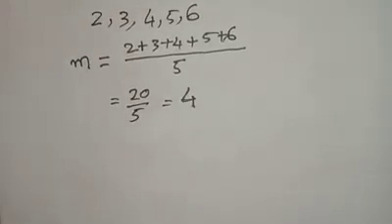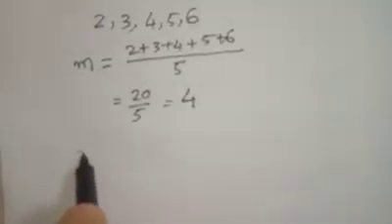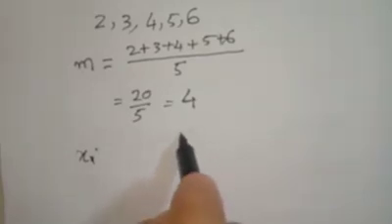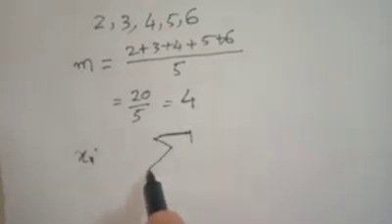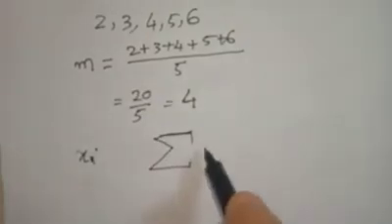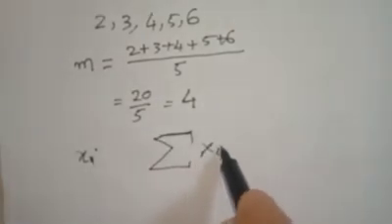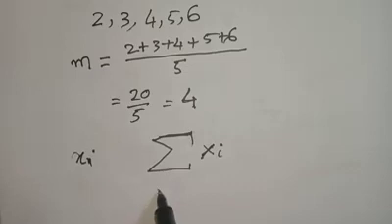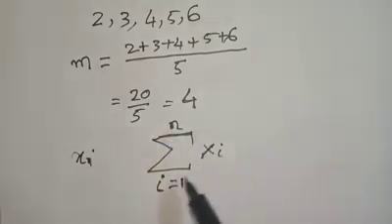Now how can we use sigma? If we want to write it more generally, if we have a set of, say, marks or a distribution of xi, I introduce this term. So if we have these terms as xi, we can write this as sigma of xi, with the subscript i equals 1 to n, so it goes from i equals 1 to n.